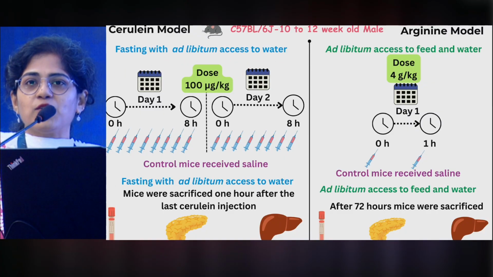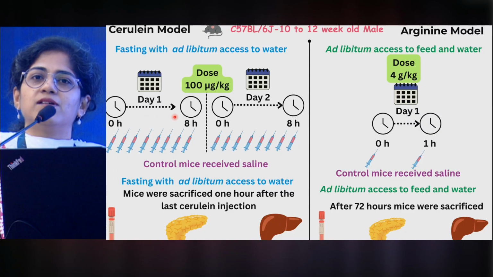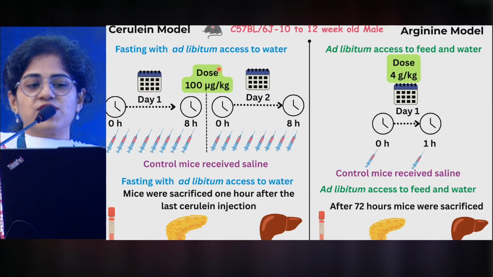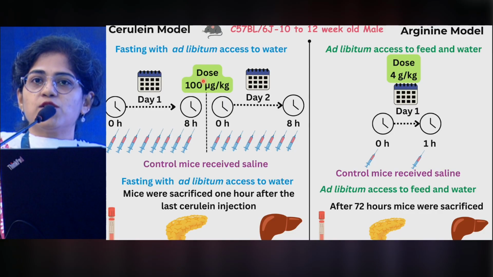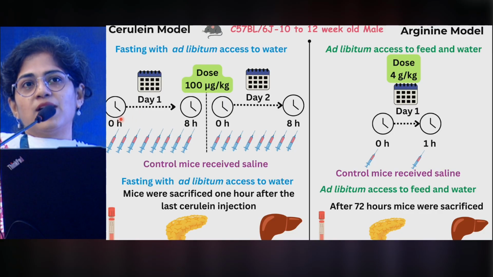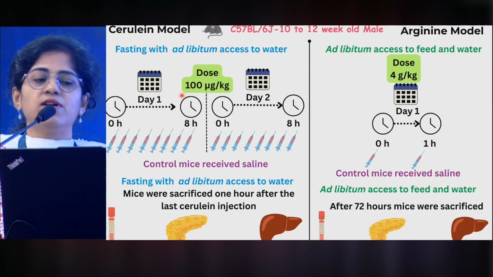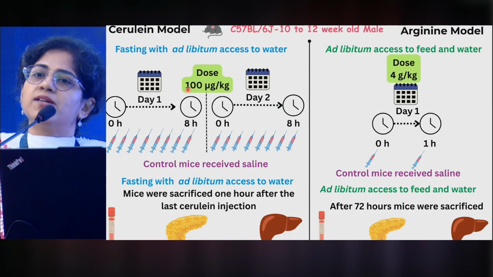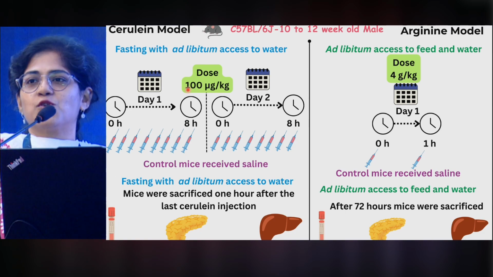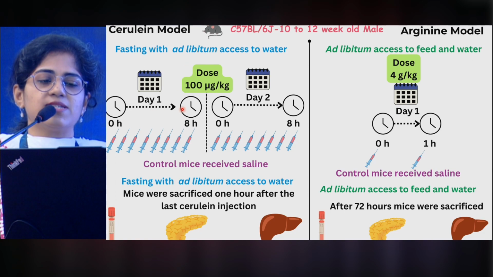On day 1 of the experiment, the mice were given intraperitoneal injections at a given dose, hourly for 8 consecutive hours. We started at 0 hour, and for 8 continuous hours, every hour the mice were injected with the given dose of cerulean. Similarly, we had control mice which were treated the same way, but were given saline.